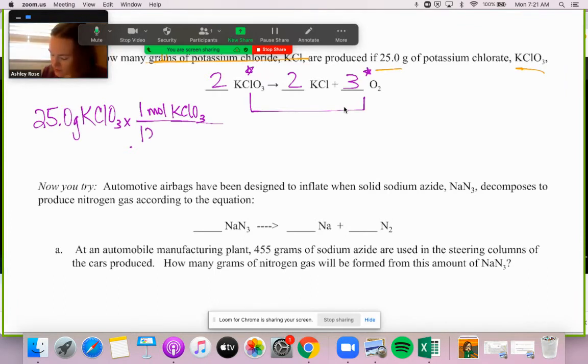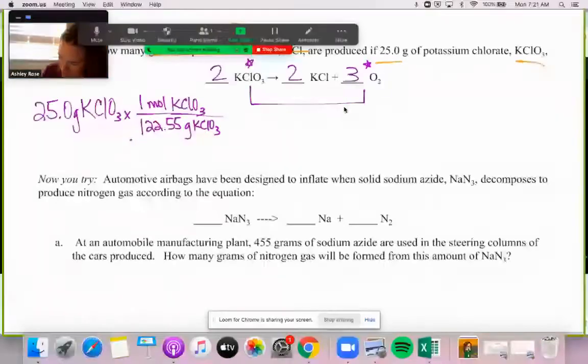So that's a total of 122.55 grams. All right, now I'm in moles of KClO3.